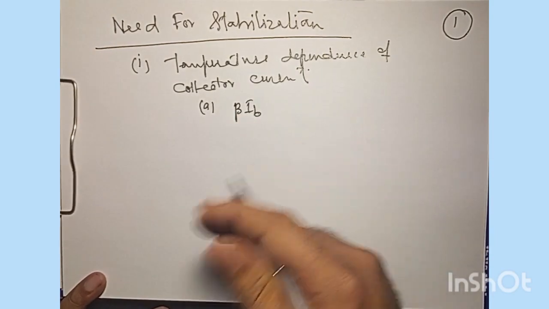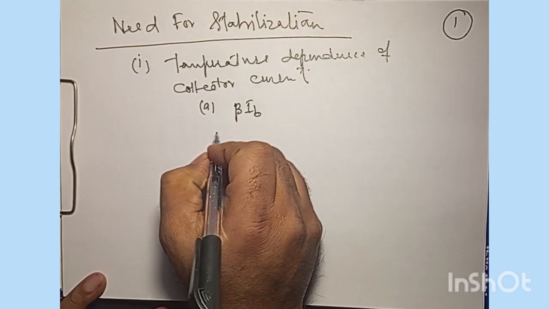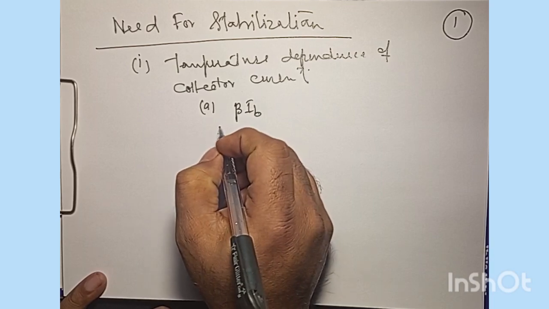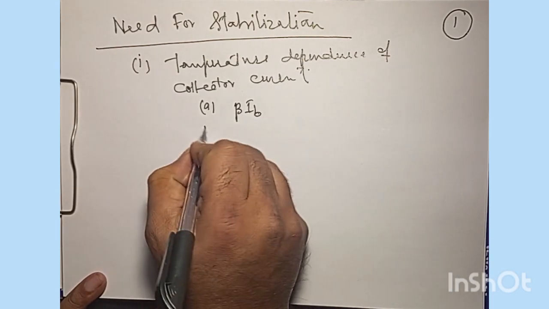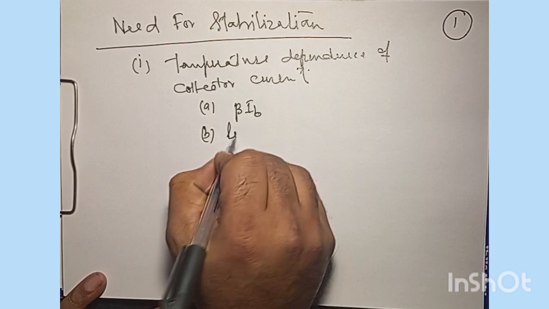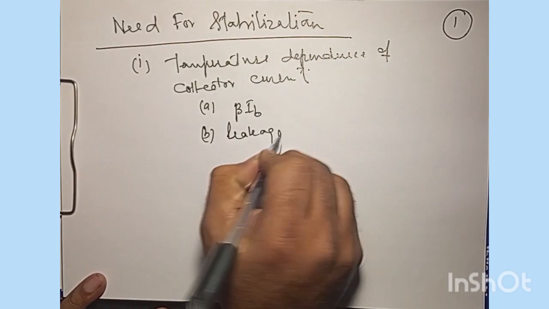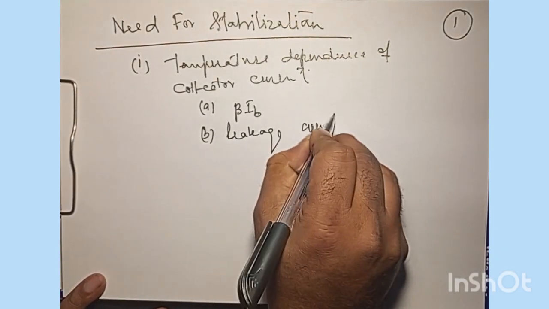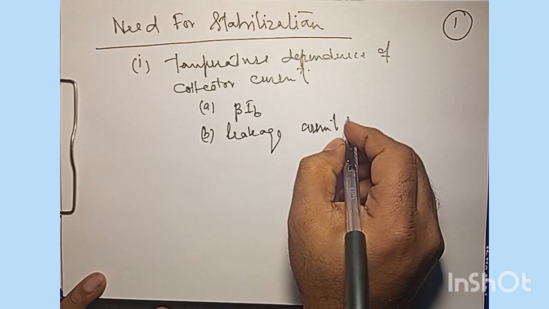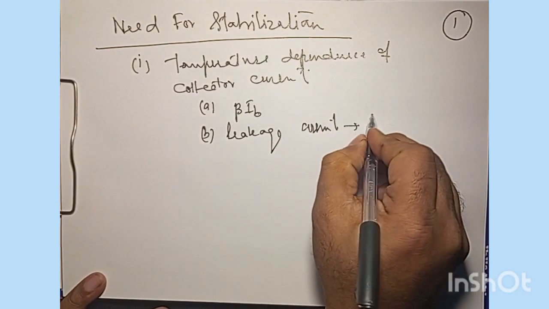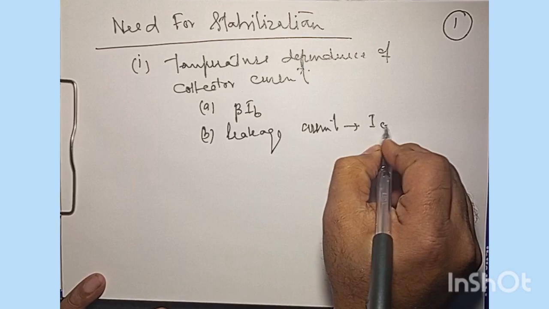The other part is the unwanted part, which we call leakage current, and that leakage current is represented by ICEO.